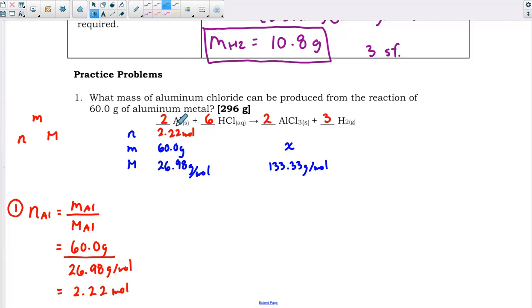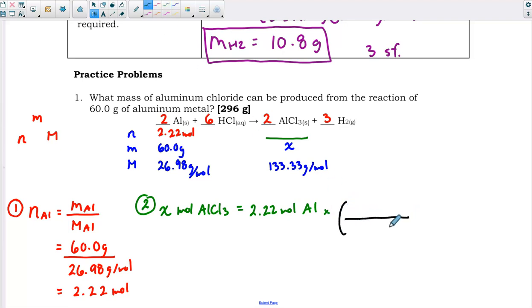Okay, so we have our moles of aluminum. Now we can use our molar ratio between aluminum and aluminum chloride to find our missing moles here. So our step 2, we want the X moles of AlCl3. We know we have 2.22 moles of aluminum, and now I want to cancel my moles of aluminum, and I want my moles of AlCl3.